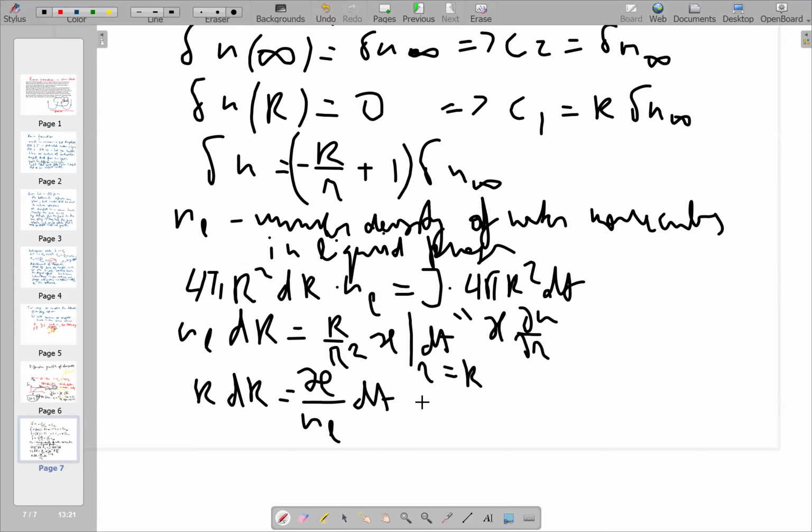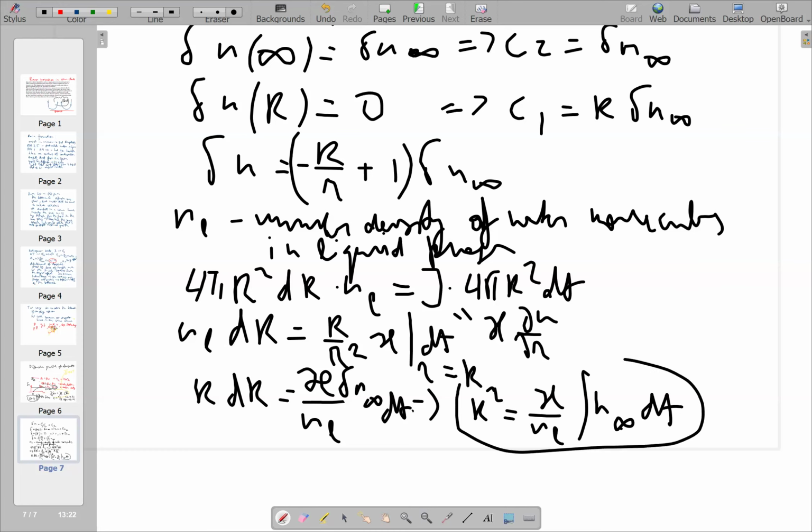And now we can integrate the left hand side and the right hand side to obtain that R squared equals kappa divided by n_L. We are missing here dn at infinity, sorry. Let us add it here. From the dn over dr, we are missing delta n at infinity. And because of that, R squared equals kappa over n_L times the integral of dn at infinity dt.